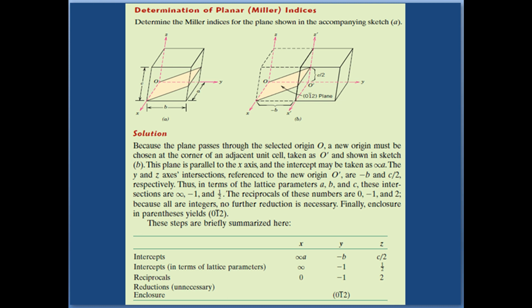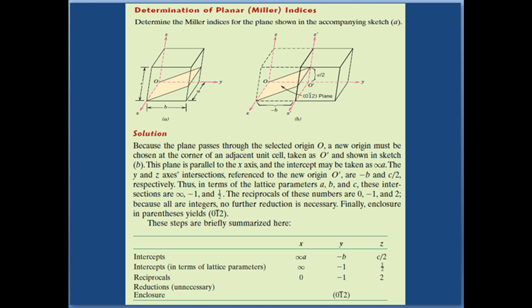Now, O dash is taken as the new origin, and it is shown in sketch B. It is according to the first step.